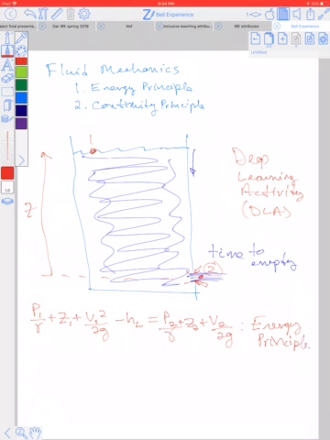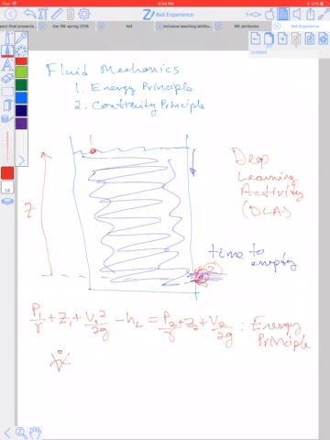And the continuity principle allows us to calculate the flow rate at point 2. So the symbol that we use for volume flow rate is a V with a squiggle, that's volume, and a dot, that's rate. So we know what a gallon of water is, and flow rate is measured in gallons per minute or cubic feet per second.